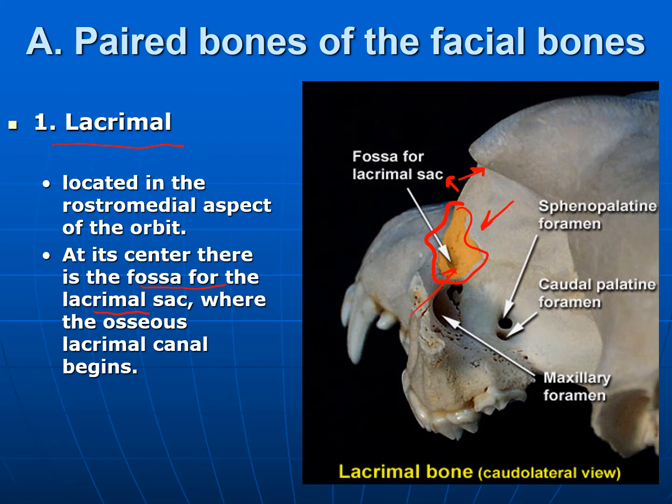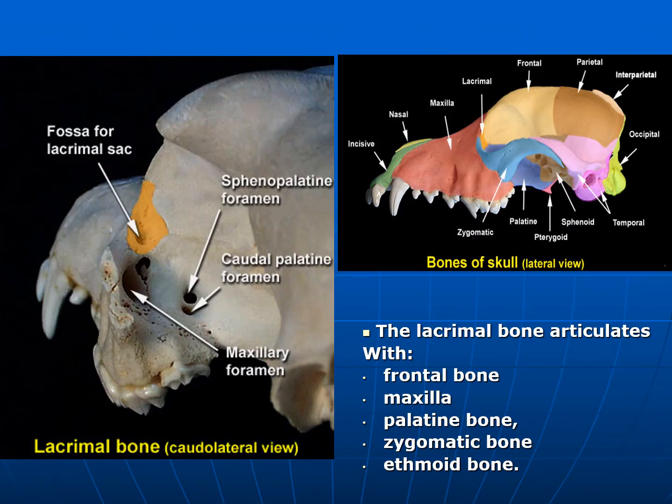Usually the tears are collected in the medial part of the bony orbit, then through this fossa they are transmitted toward the nasal cavity through the osseous lacrimal canal. So this is the area which marks the beginning of the osseous lacrimal canal, and this area here is called the fossa for the lacrimal sac. Again, in the center here we can see the fossa for the lacrimal sac.